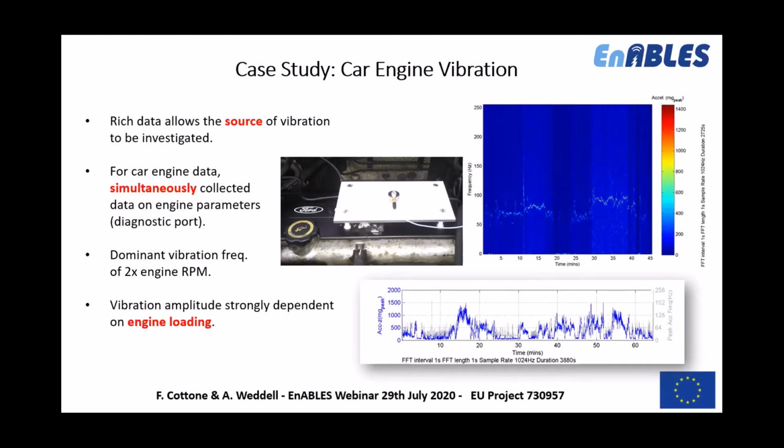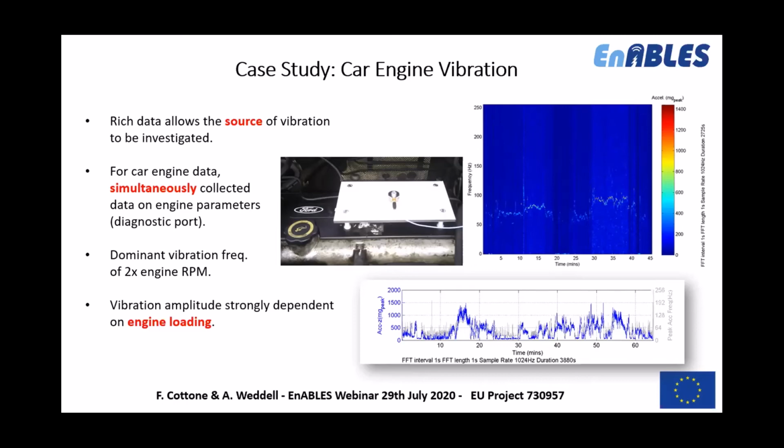By doing that, we found that the dominant vibration frequency in this application was at 2 times the RPM of the engine. This was a 4-cylinder petrol engine, so you get 2 firings per revolution, which explains why you got vibration at 2 times the RPM of the engine.